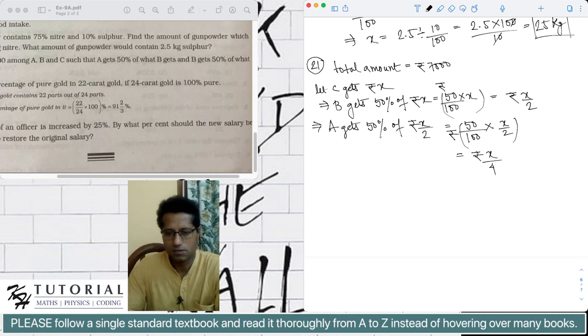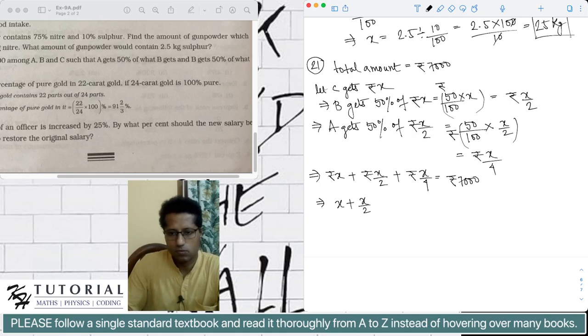So we assumed that C gets rupees X, and based on the given information we found that B gets rupees X by 2 and A gets rupees X by 4. Now the total amount is 7,000. So we can say that rupees X plus rupees X by 2 plus rupees X by 4 is equal to rupees 7,000. This implies X plus X by 2 plus X by 4 is equal to 7,000.